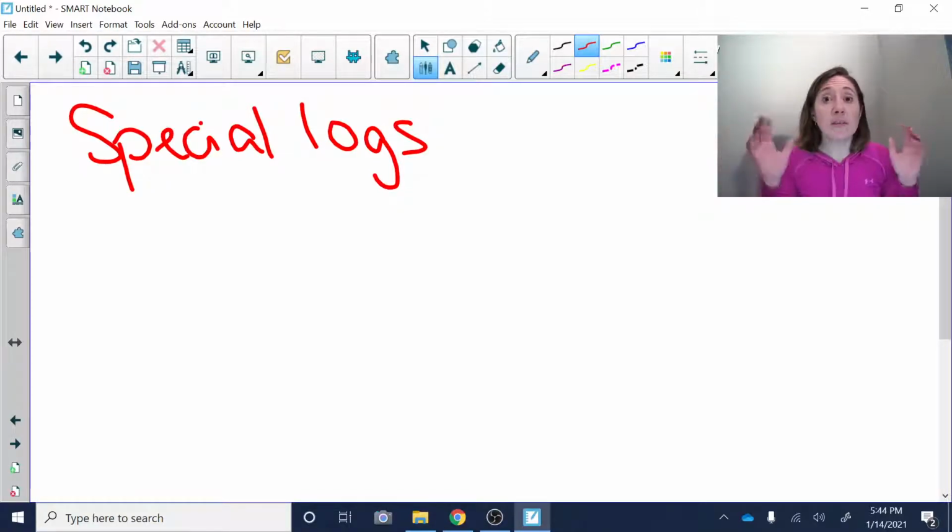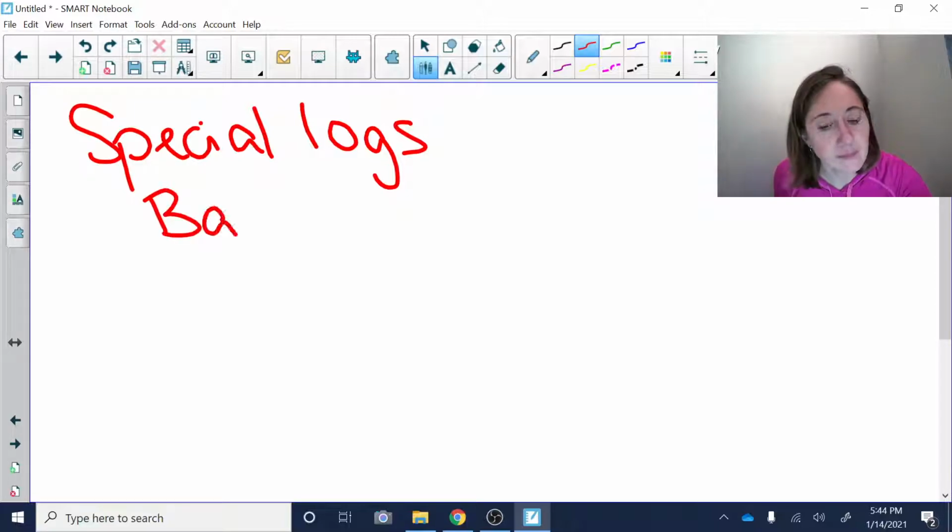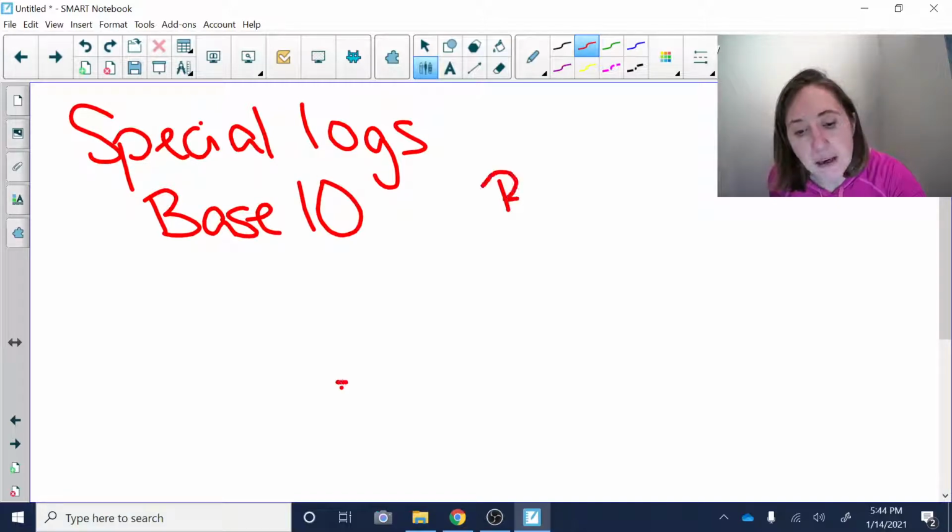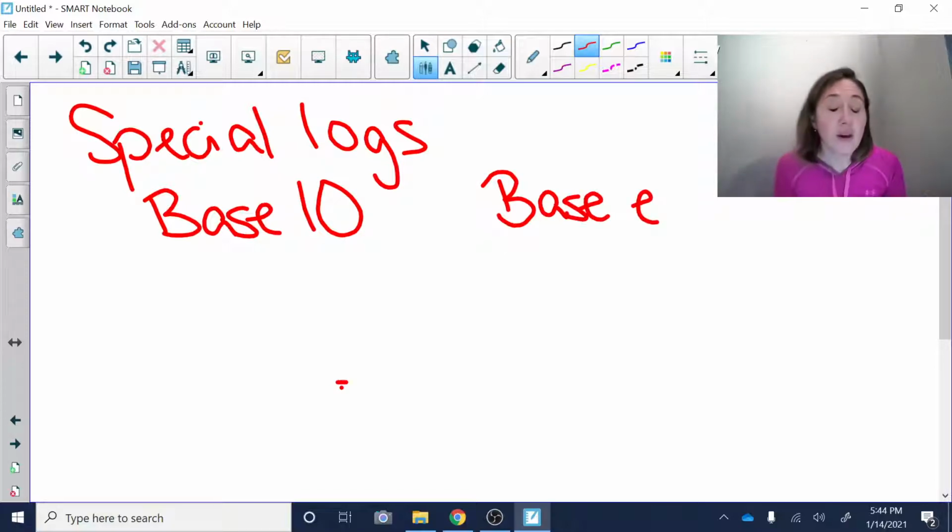So the two special logarithms are log base 10 and base e. The reason that 10 is special is that we have a base 10 number system.